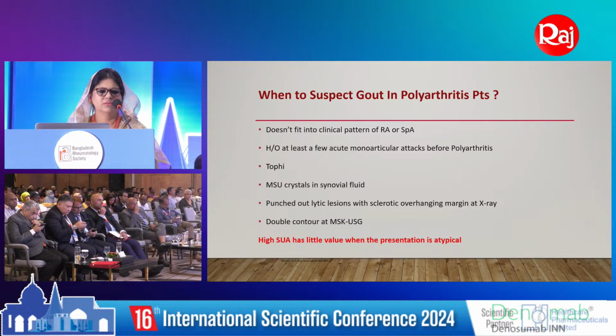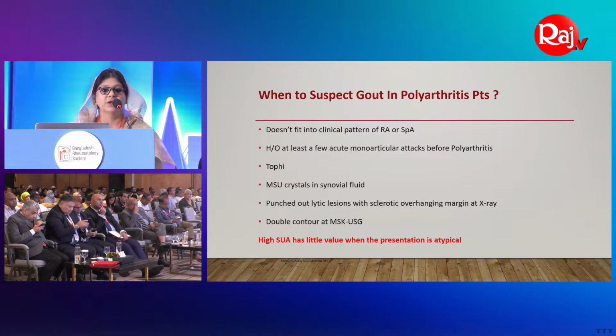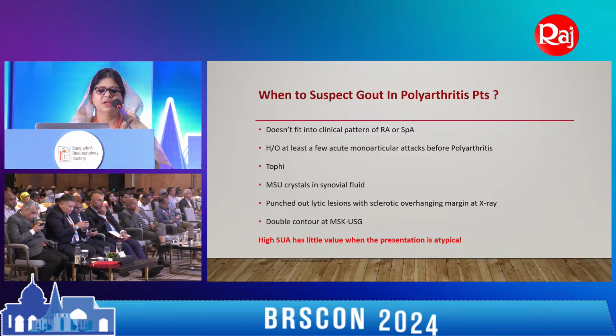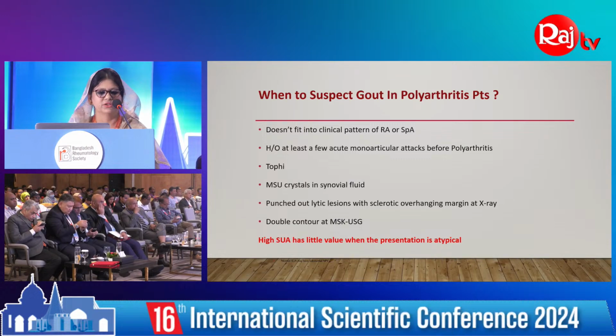And when we do the X-ray of that joint, it shows punched-out lytic lesions with a sclerotic overhanging margin, or a double contour sign on ultrasonogram of that joint.